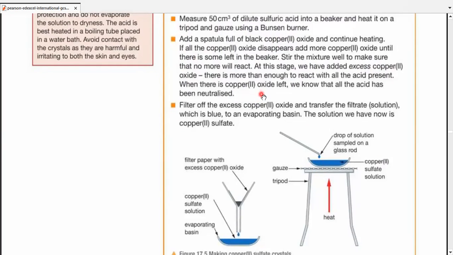That is something important, which is explained in the second step. The second step is to filter off the excess copper oxide and transfer the filtrate, the solution, into an evaporating basin. Now, this easily explains why we have neutralized the acid completely. First off, filtration is usually done with a paper, and an acid can easily eat up the paper, so that's not the right way to do it.